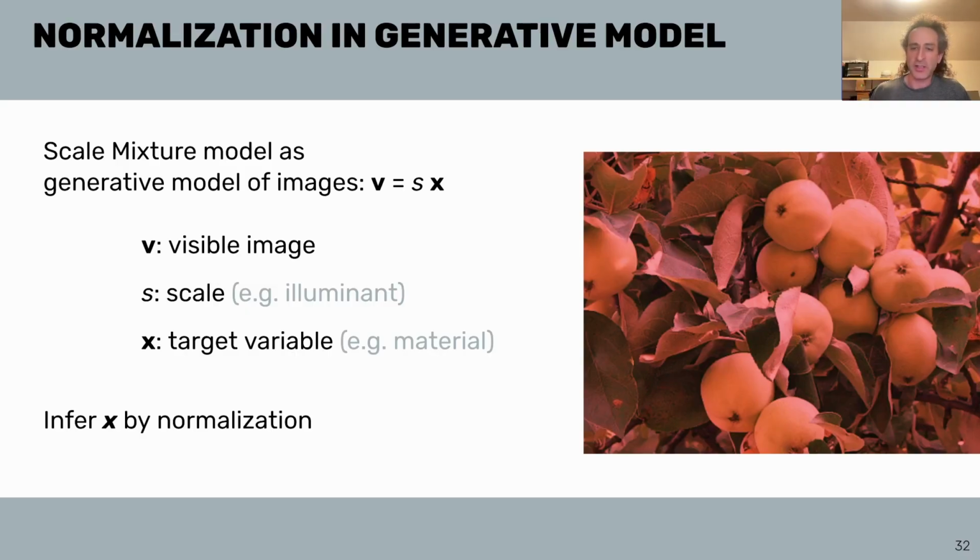For example, we're looking at some picture of some apples and we'd like to know, are they ripe? And in order to do that, you can say, well, hey, they visibly look red. So this visible image V is a red image. But you can also see that there's this global lighting, which is red. And the apples don't look red relative to the green leaves, or the leaves we presume will be green. We know this because we are presumably doing some divisive normalization on our own to remove this global lighting effect and extract the behaviorally relevant material properties.